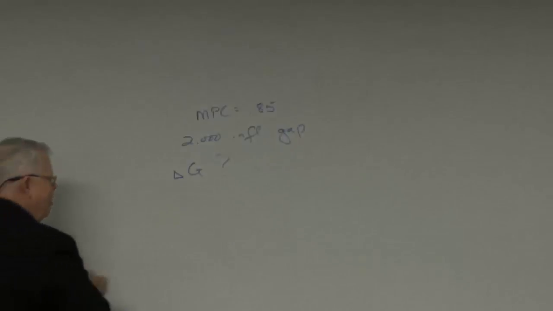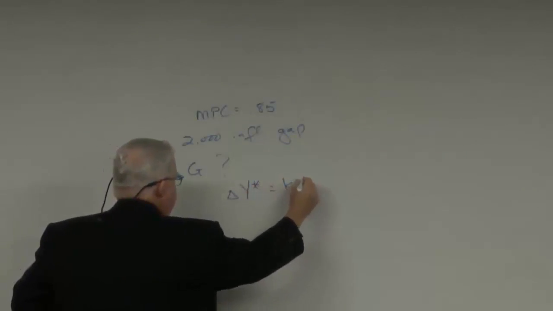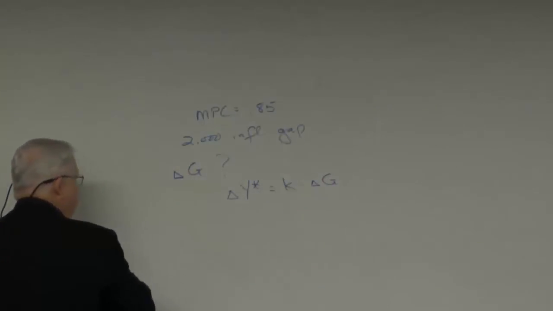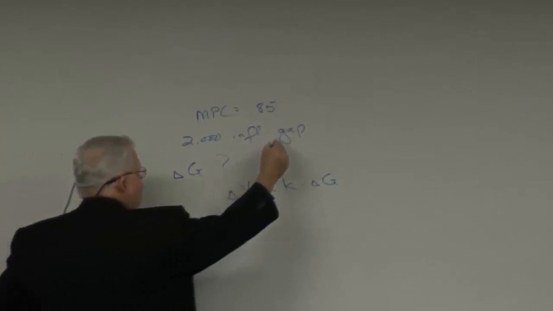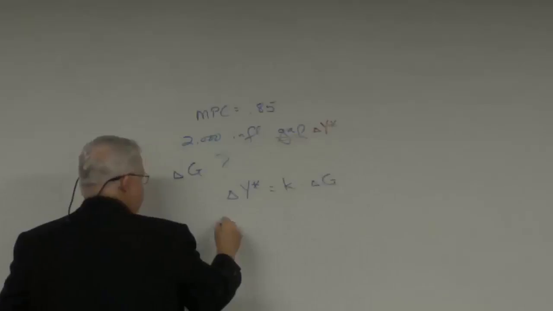So you should recall the equation first. Delta Y star equals K delta G, and then plug in the numbers that you know. Delta Y star is always the gap. So we have 2,000 here.